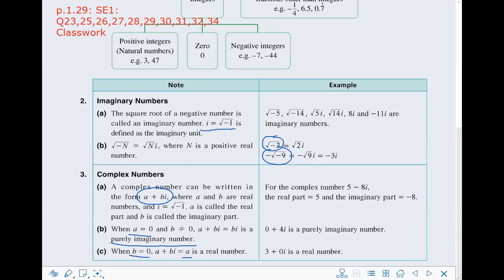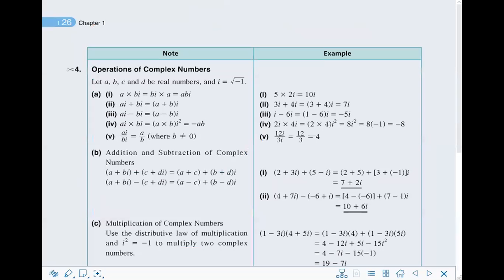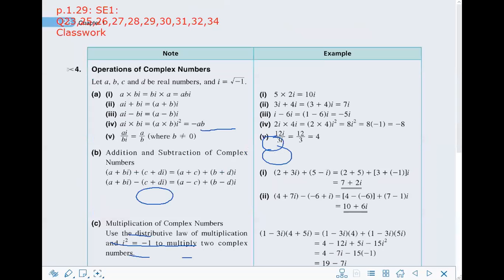And then we have learned how to add, subtract, multiply, and divide two complex numbers.